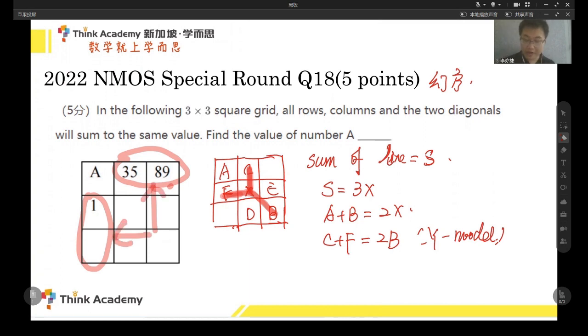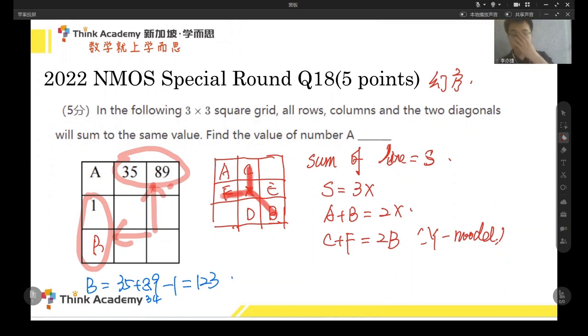Then we can get maybe B here. So we can have B here to be minus 1. So this is 34 here, right? So it's 1, 2, 3. So we get the number B.